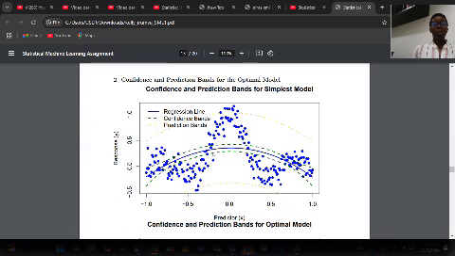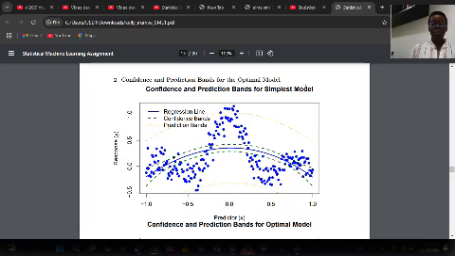We continue with the confidence and prediction bands. What we have to know here is that when the lines for the confidence or prediction bands are pretty wide, it means that there is a lot of uncertainty.